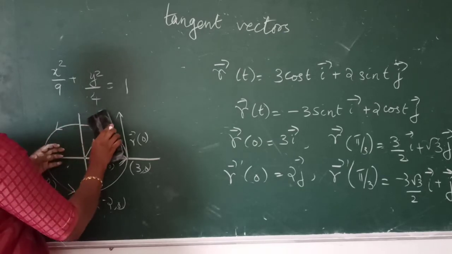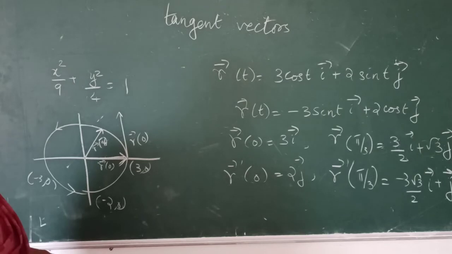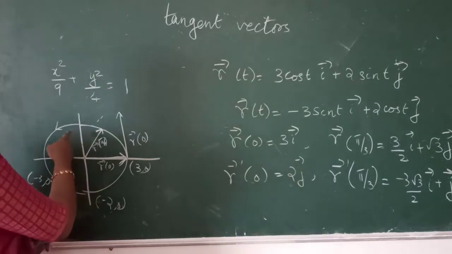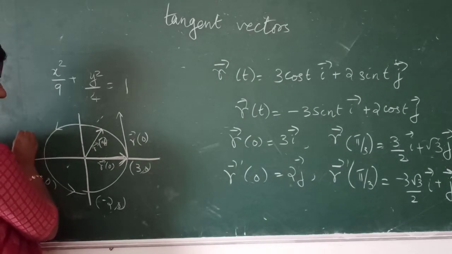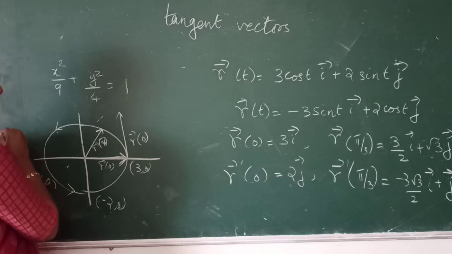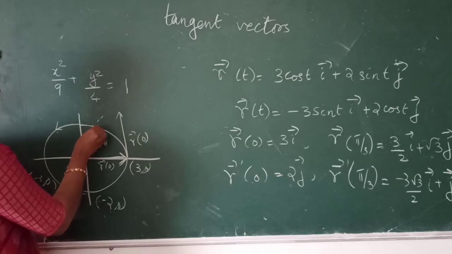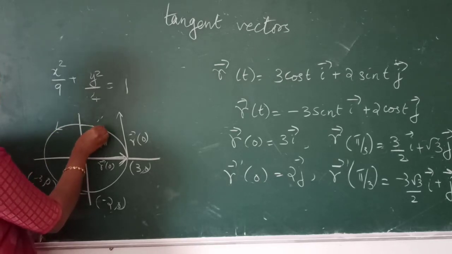And now we have the tangent vector, minus 3 root 3 by 2. So the x point goes in this way, and we have the y value is 1. So here our vector is this.